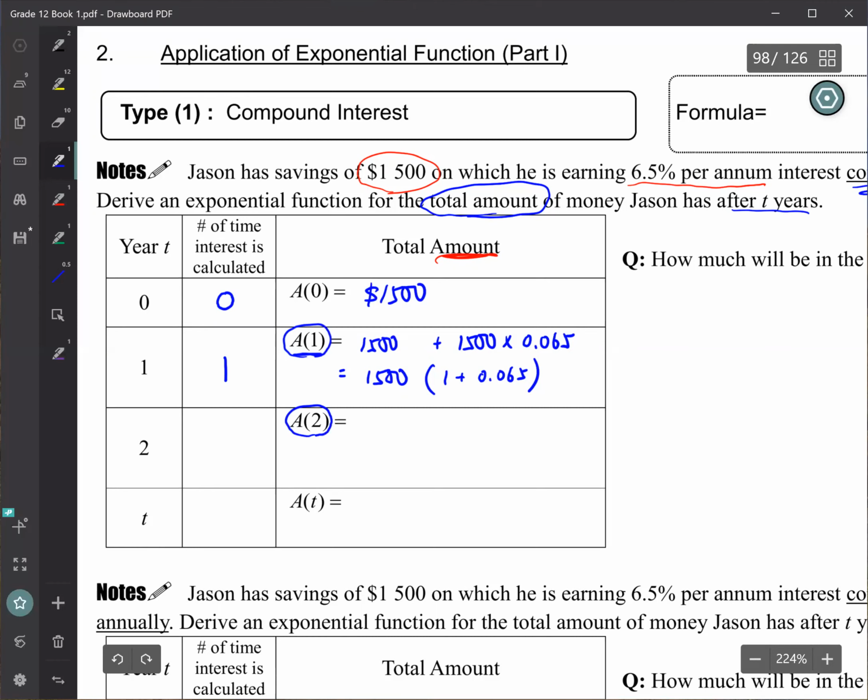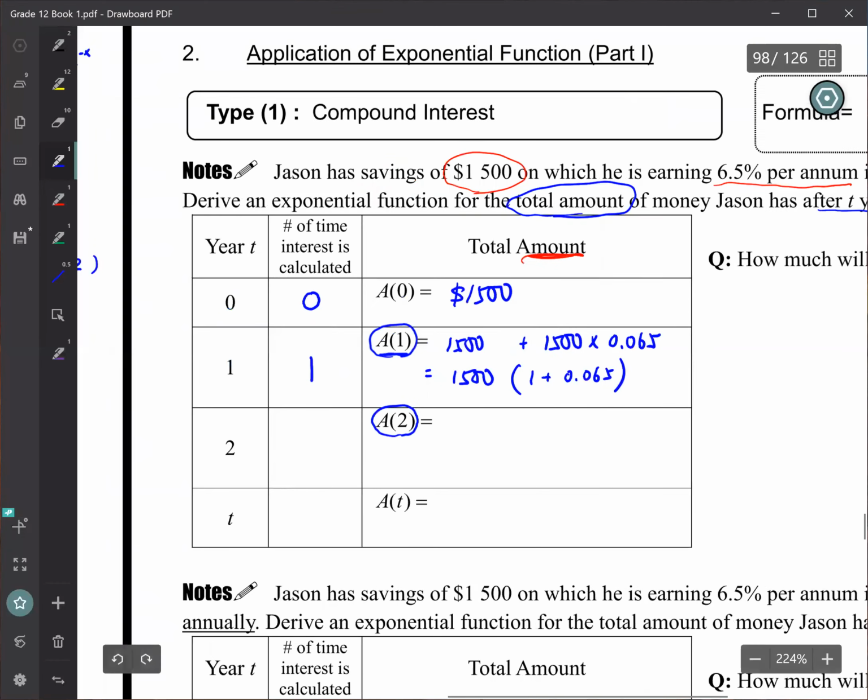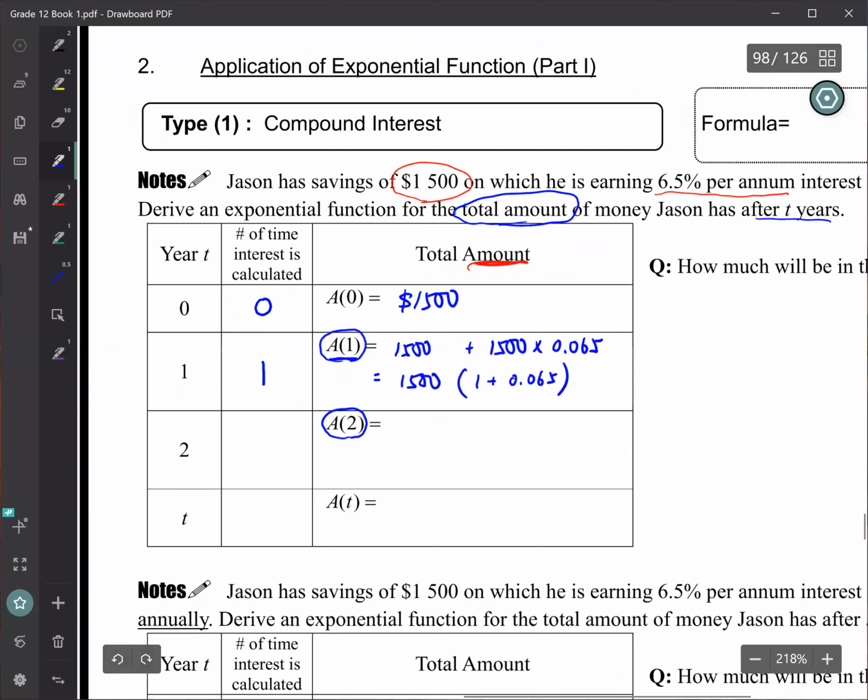To figure that out, we take what you have from the year before. You don't use the 1500 anymore. You do the same thing as the previous box, but instead of 1500, we use the amount after 1 year, add it with the amount after 1 year times 0.065.